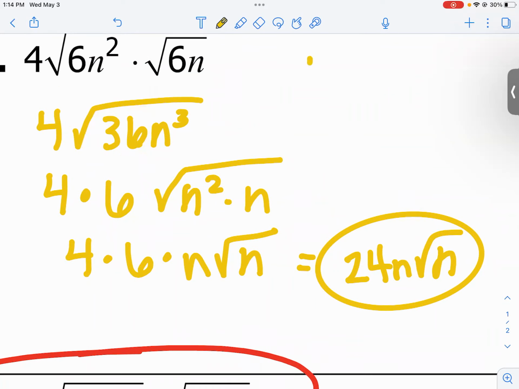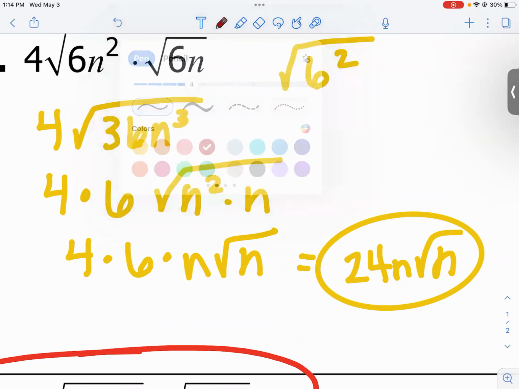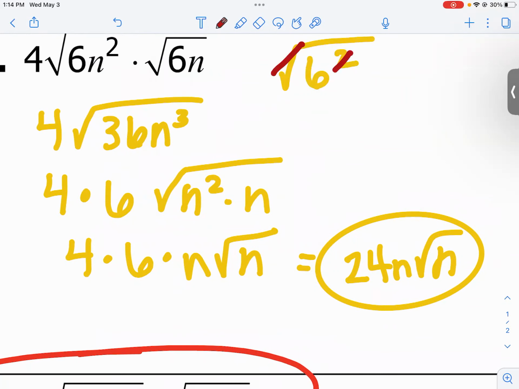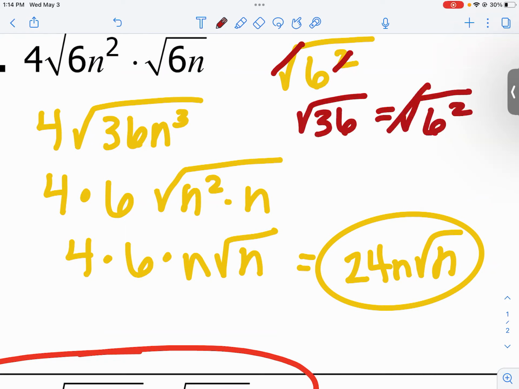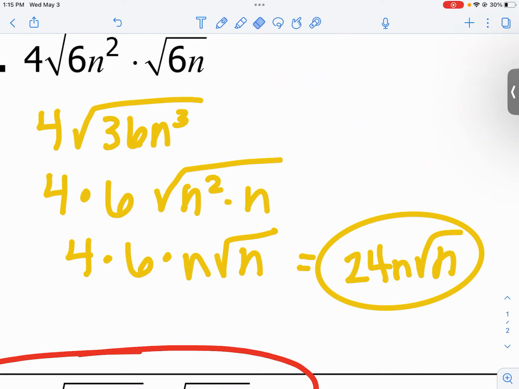So 6 squared is underneath the radical as 36. But a square root and a square cancel each other out. So the square root of 36, which is 6 squared, that happens when I both do the same thing. Okay? Are we okay with this answer now?